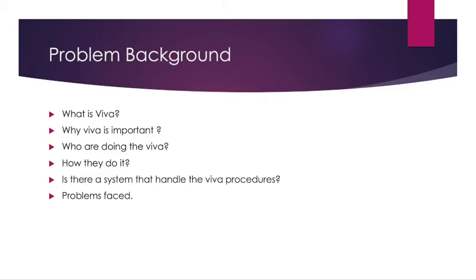Problem background. In this section, I am going to talk about what is Viva, why Viva is important, and who is doing the Viva, and how they do it, how they use it. Is there a system that handles the Viva procedures, and the problems faced?